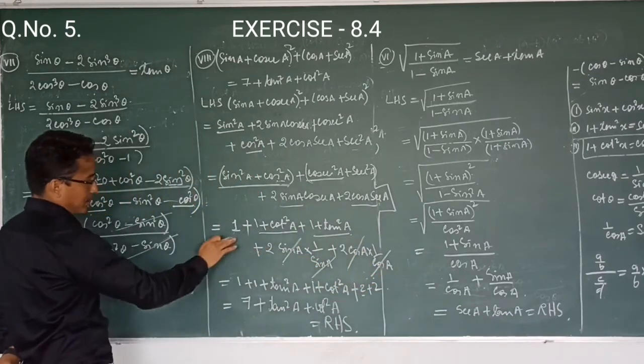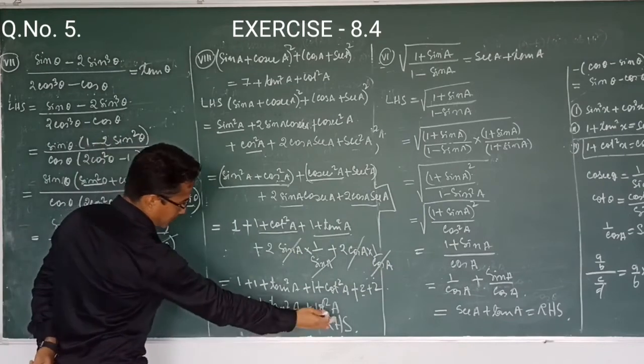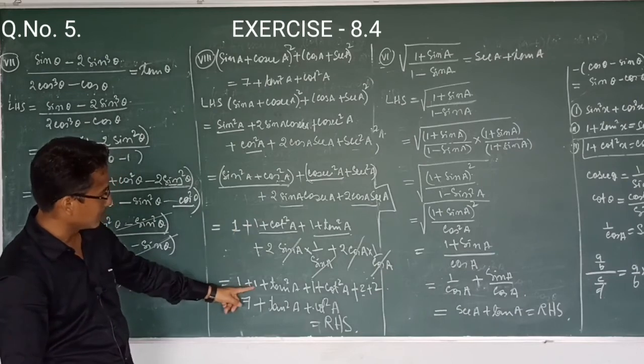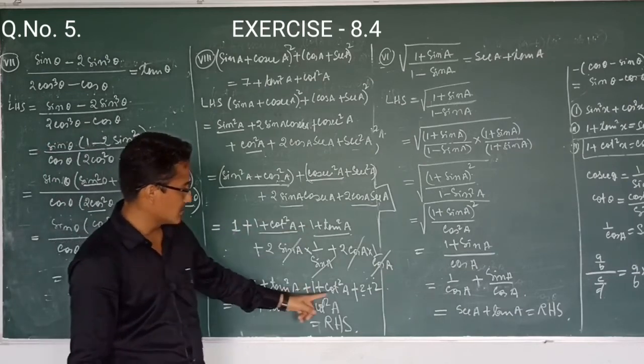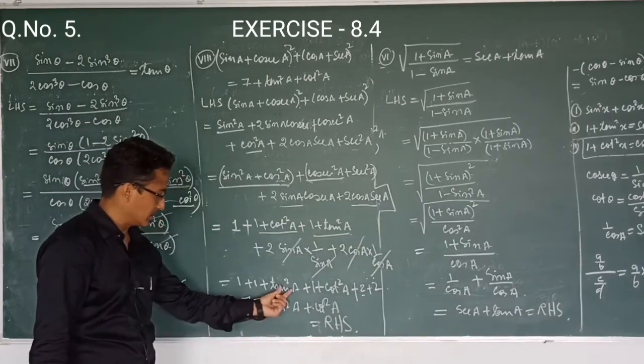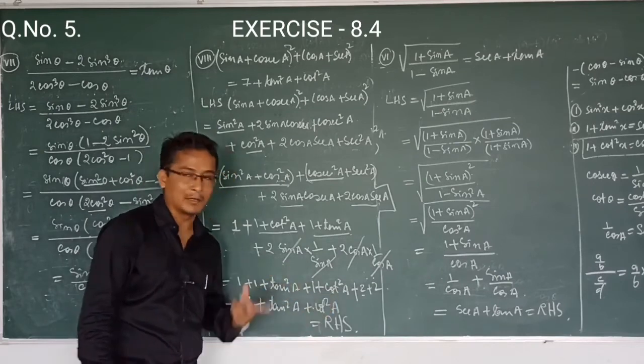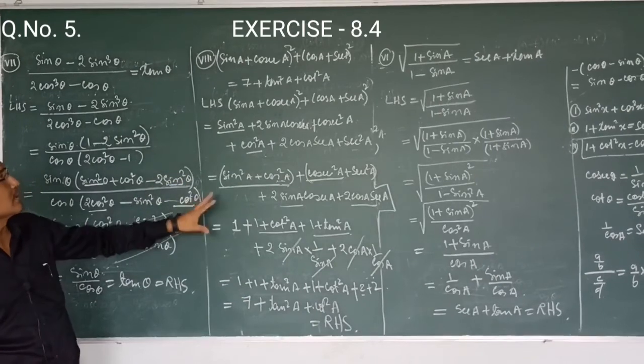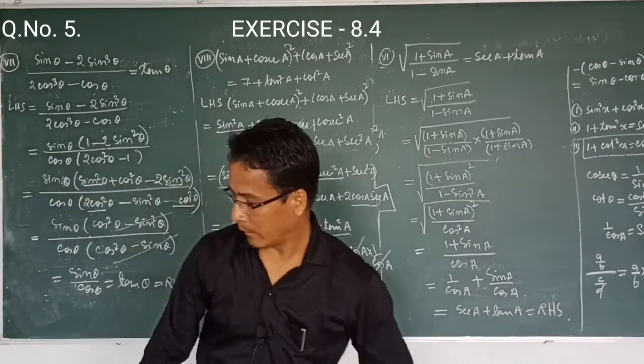After cancelling we collect all the 1s and get 7, then tan square A and cot square A, which is our right hand side. This is the solution of number 8.